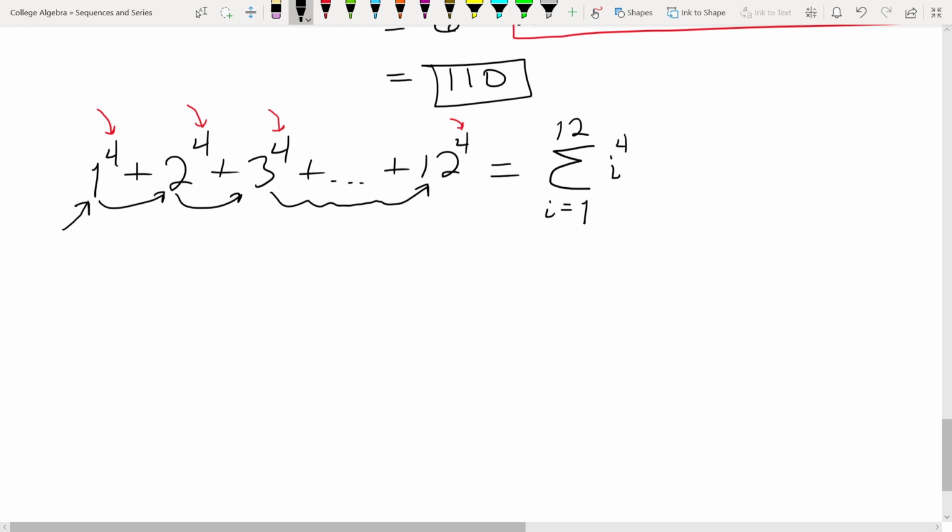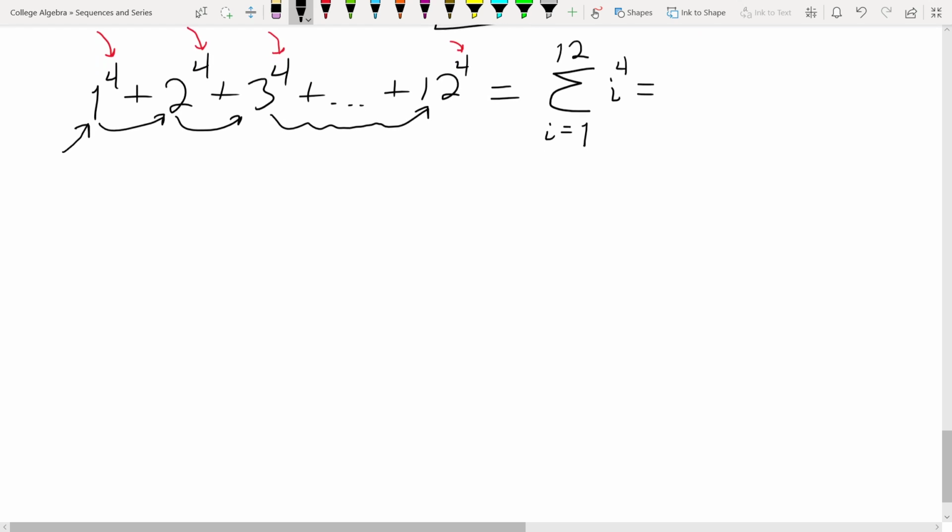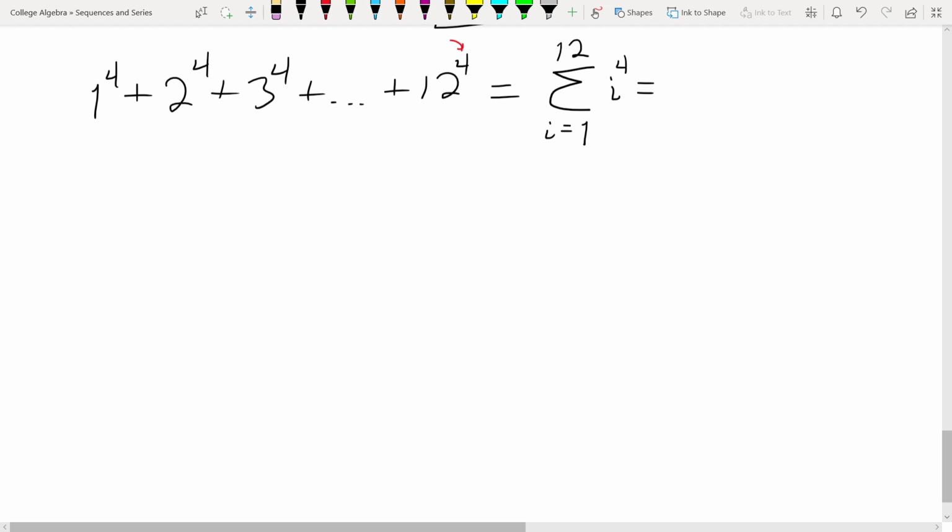Now, I would always check. For me personally, it's easy to get these things slightly confused and make a simple error. So actually go through, use this definition that you just created, and expand it and see if in fact you get what you started with, this original series. So when we plug i equal to 1 in there, we get 1 to the 4th power.